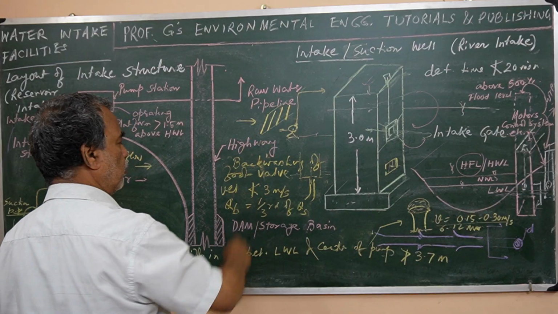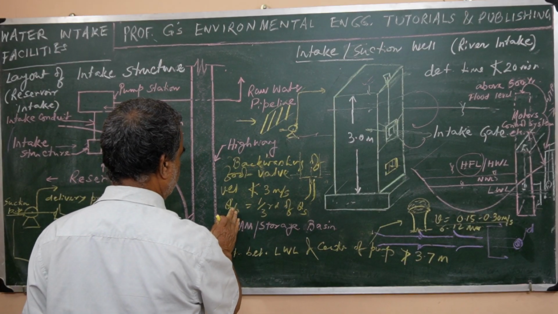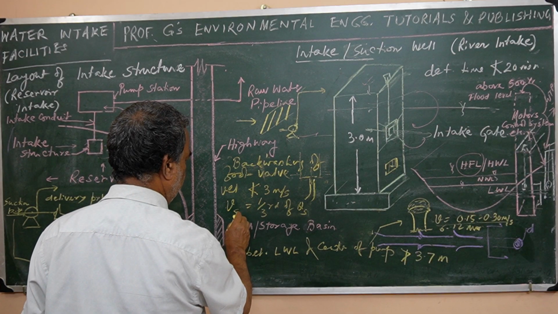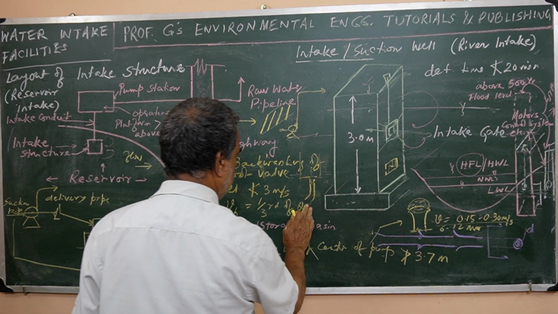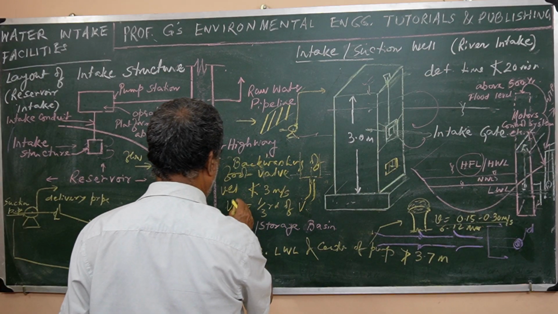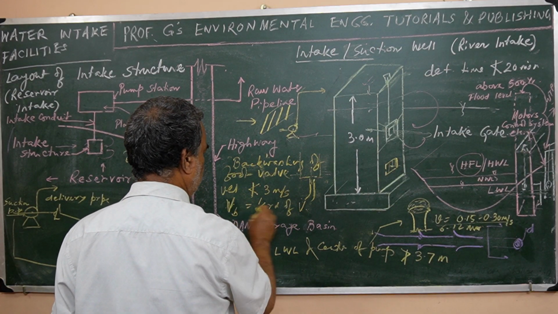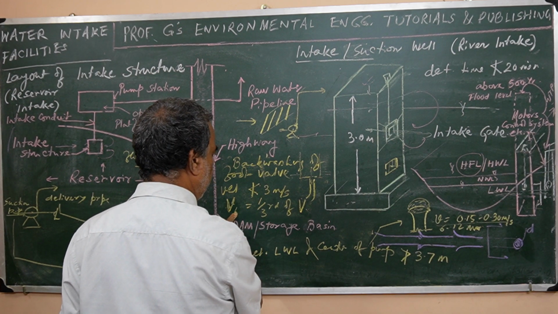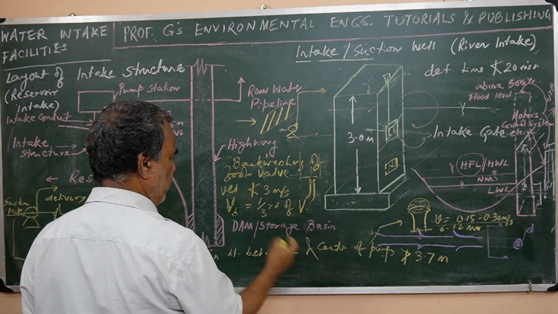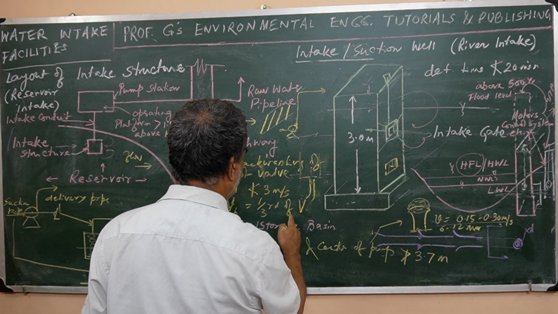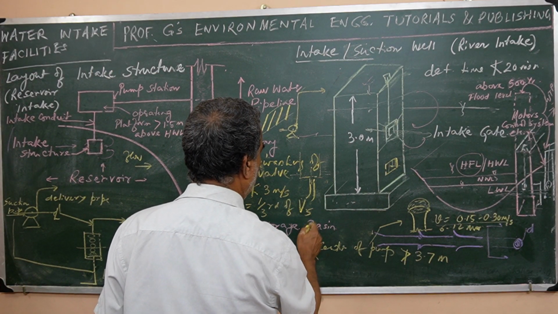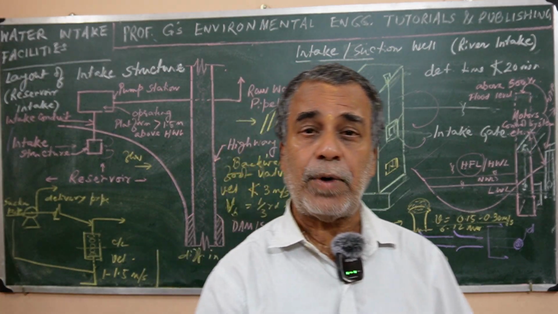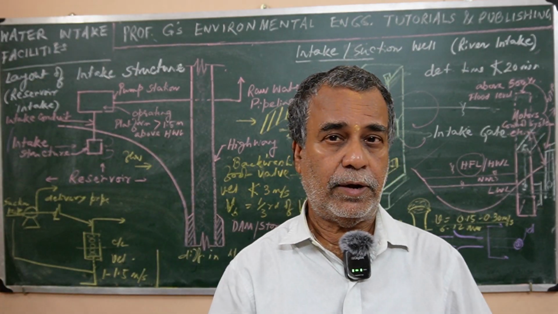Or if we write V suction and V backwashing, this is not velocity, this is volume, capital V. So the volume of backwashing water to be used will be 1/3 of the total volume of water pumped through the suction pipe.